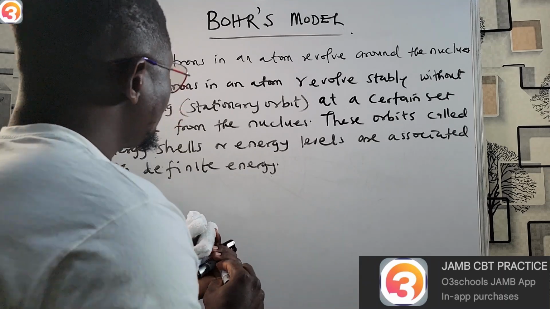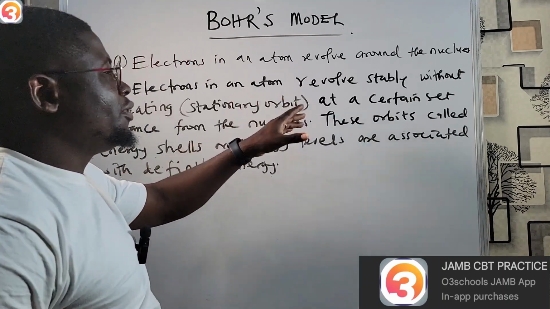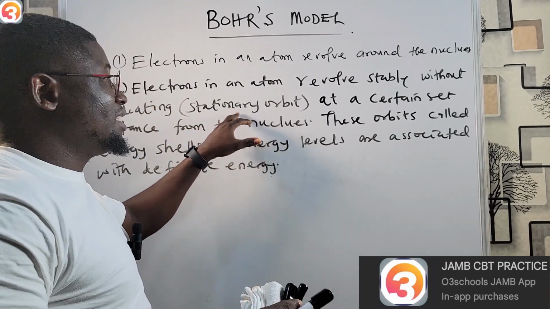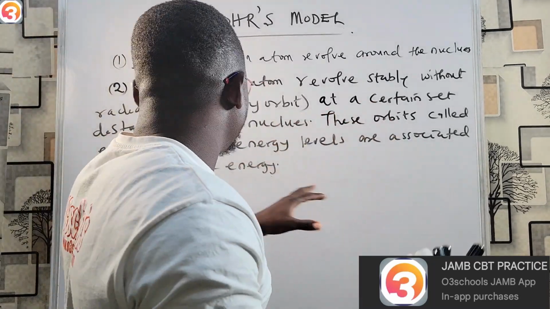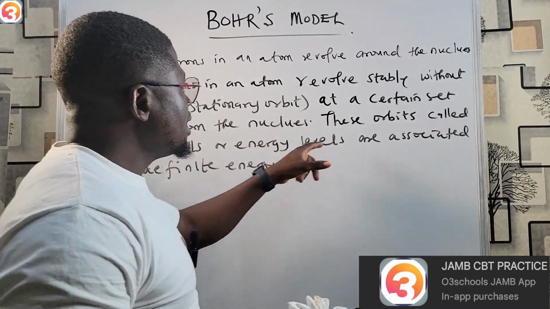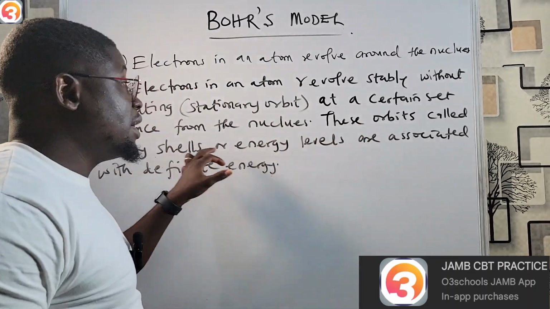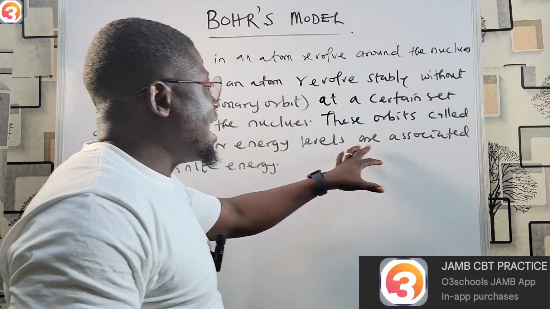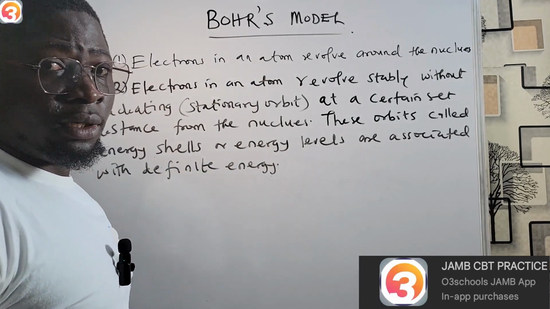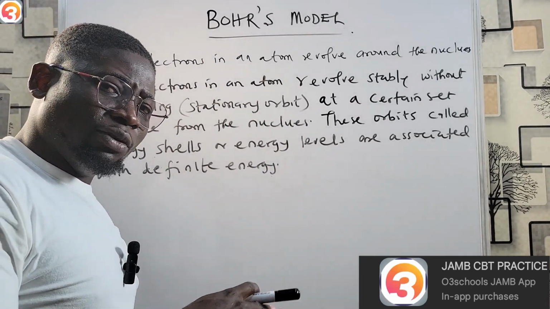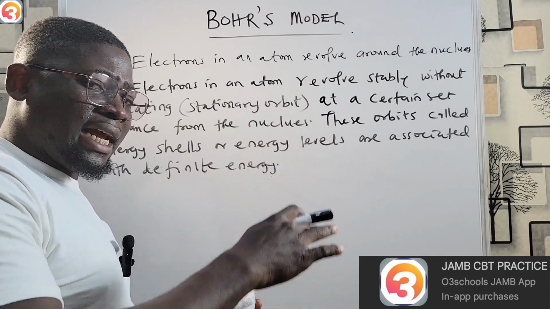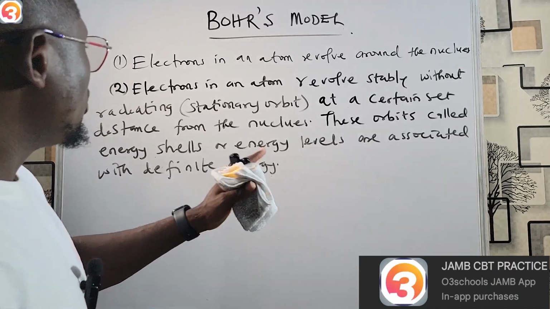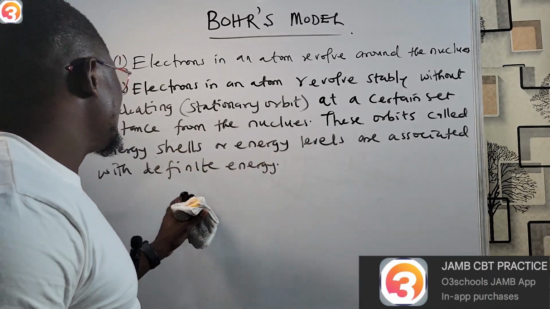Going over it again, electrons in an atom revolve stably without radiating. Niels Bohr called those orbits stationary orbits at a certain set distance from the nucleus. These orbits, called energy shells or energy levels, like those electron orbits I showed you in the diagram, are associated with definite energy. Each of those shells has its own definite energy, with one slightly higher than the other, and so on as we continue.